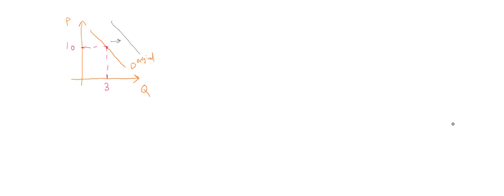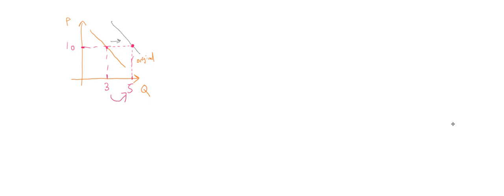So when the shift to the right hand happens, so when an external factor increases demand, at the same $10 price, the amount of our specific item increases. So say it was 3, it jumps to 5.